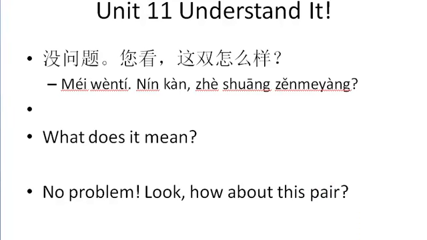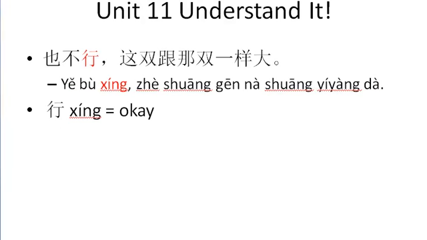How about this pair? Okay, the first new word that appeared in this sentence is 行. And 行 is a word that the Chinese use that means okay, kind of similar to 好, but you really use 好 to say hello, whereas 你好 means hello. 行 just basically means okay.